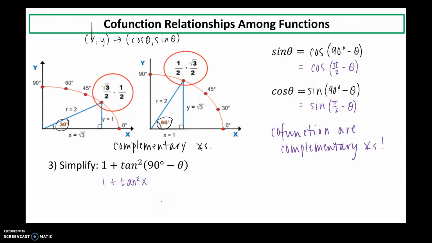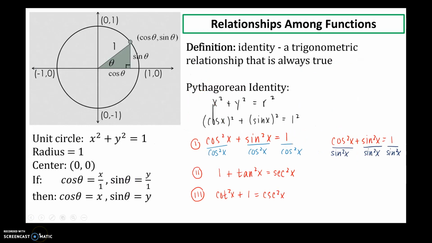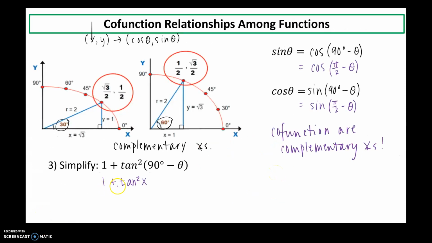Now something that we're going to have to work on, whenever you see a squared trig function and a 1, you have to think about the identities. So if I go back to my Pythagorean identities, 1 plus tangent squared of x is equal to the secant squared of x. Now remember we replaced x with 90 minus theta to start.